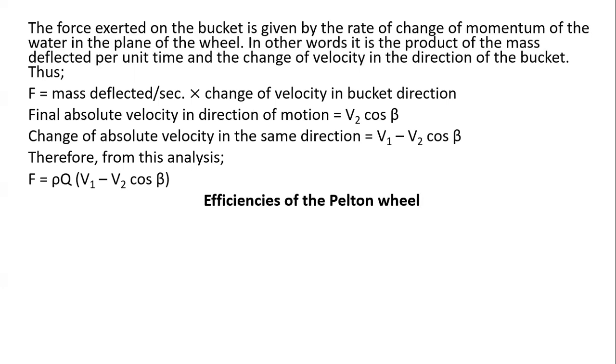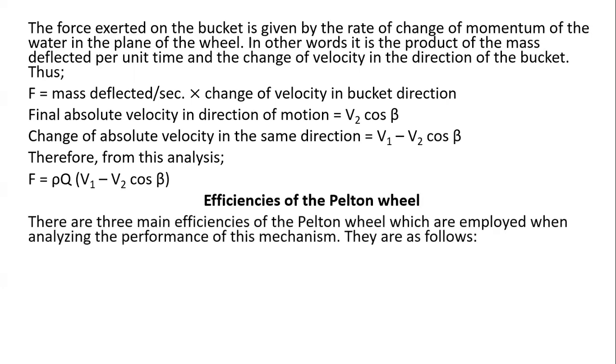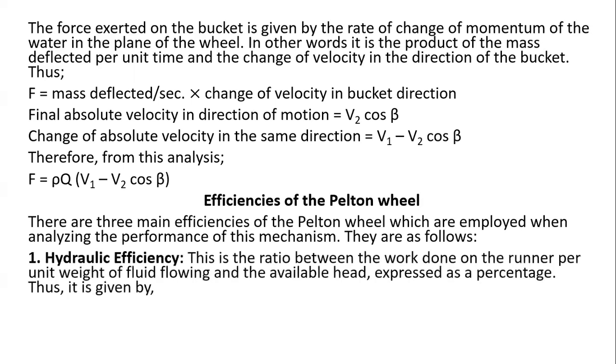Then let's go back to the efficiencies of a Pelton wheel. Just like we had with a pump, a Pelton wheel also has efficiencies. We have what is known as the hydraulic efficiency, which is the ratio between the work done on the runner per unit weight of the fluid and the available head.